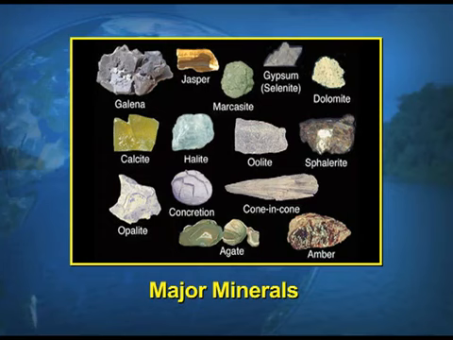If you look at your screens, you can look at the picture showing the different minerals, and on the side I have marked the different minerals we will be discussing today.